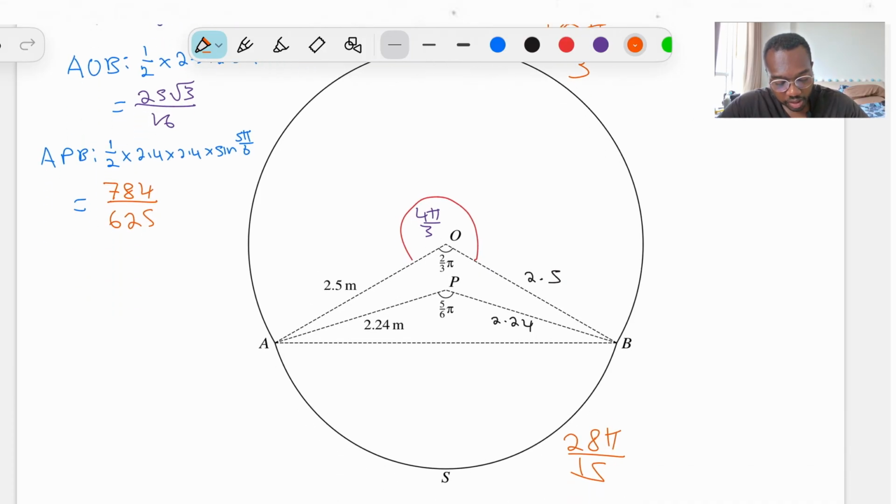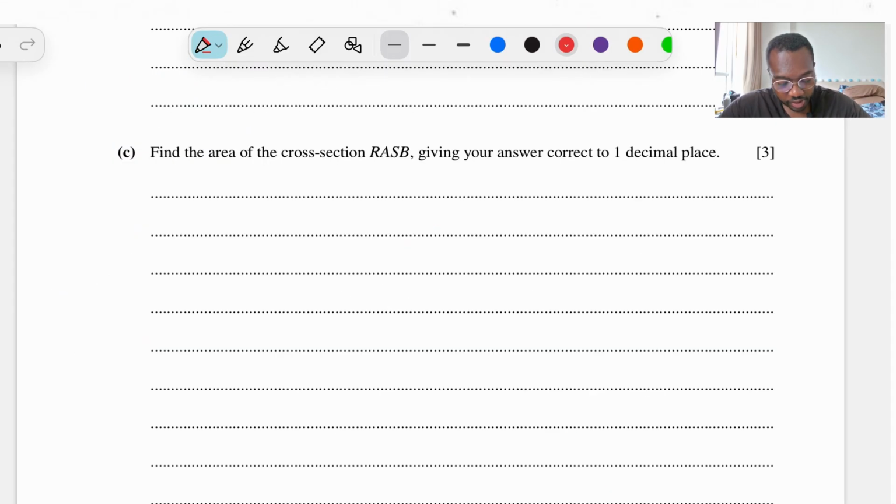And again, we want the difference, so same as the previous question, just do 25 root 3 over 16 minus 784 over 625 into your calculators, and then you will get, to two decimal places, 1.45.